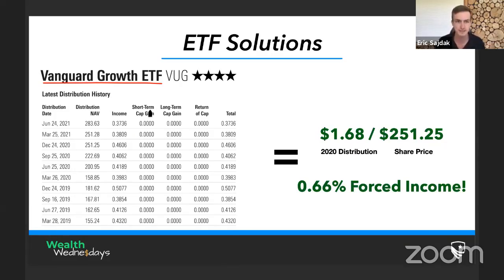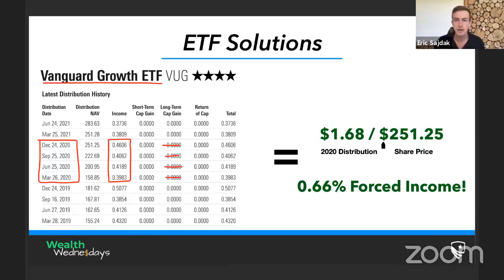We're focusing on taxes. Notice if we look at all of these distributions, and obviously they break up distributions where it's not just a yearly distribution, there are quarterly distributions here. You'll notice that it still generates that same dividend income or similar dividend income, I will say. But there's no long-term capital gains here because it's not a pass-through entity.